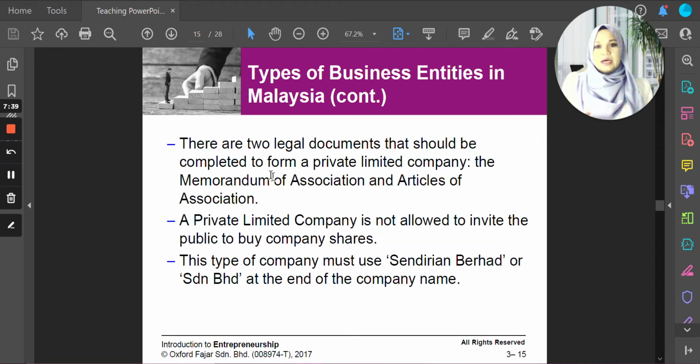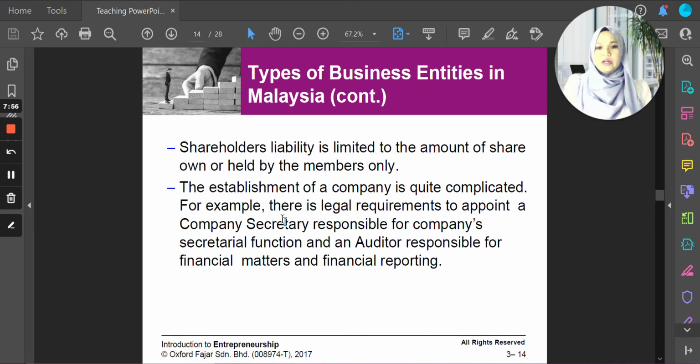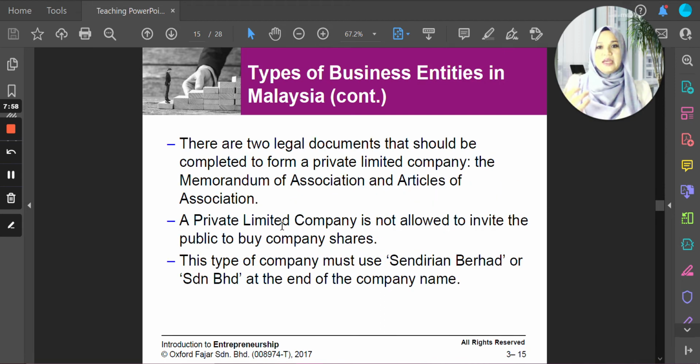There are two legal documents that should be completed to form a private limited company. The first one is you must have a memorandum of association, and also the articles of association. Of course, to do this you need a company secretary that will be responsible for all of this. A private limited company is not allowed to invite the public to buy shares because it's not a public company.